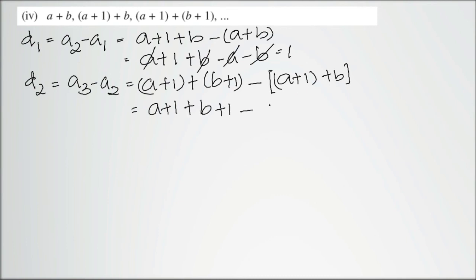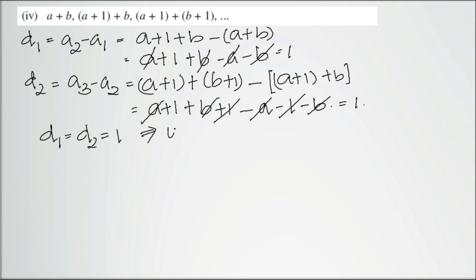When the bracket is removed, we get negative a, negative 1 and negative b. Here 1 gets cancelled, a gets cancelled, b also gets cancelled. Again we get 1. We have the first difference same as the second difference, equal to 1, which implies the given series forms an arithmetic progression.